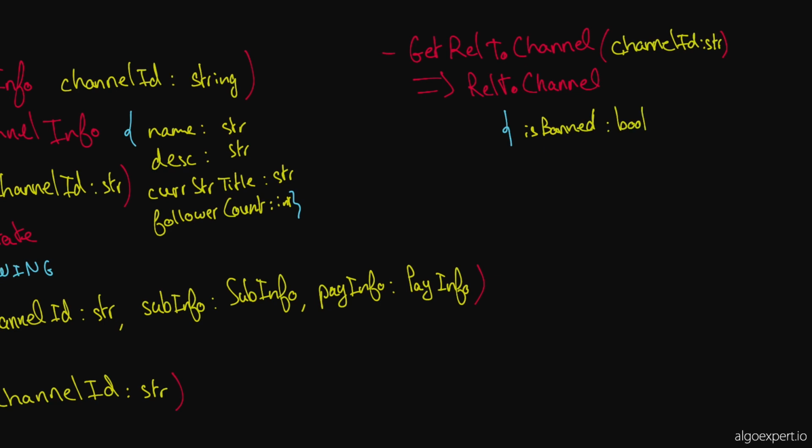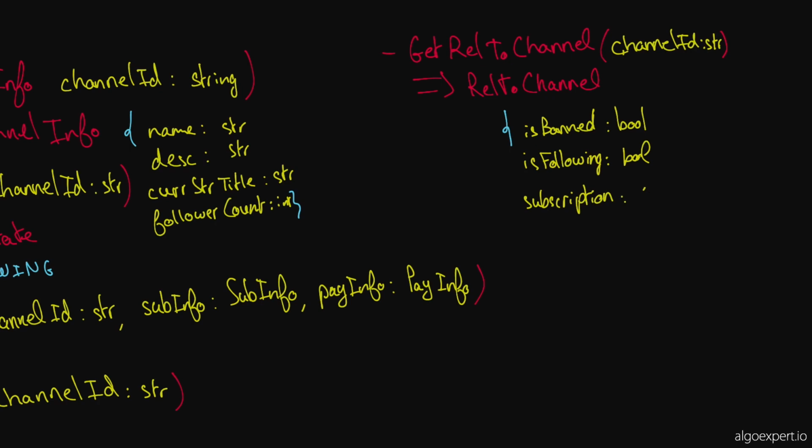Then we're going to have is following, also a bool. And then you might have is subscribed, or maybe for subscription, we go with an actual subscription. So subscription, this means the subscription that you have to this channel.